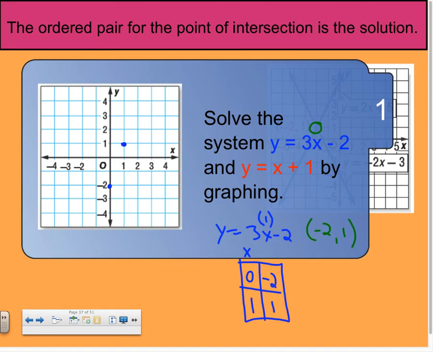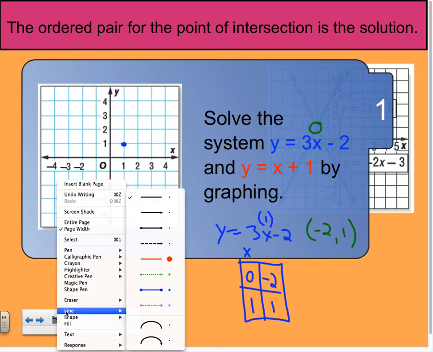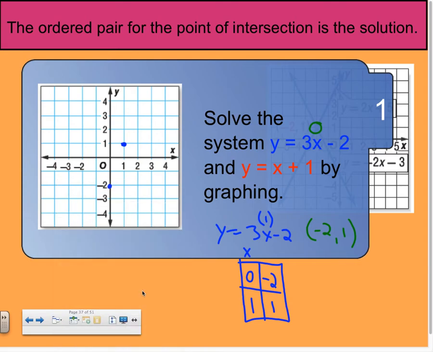Once I have those two points, I can draw a line. I'm going to use blue to keep the color coordination going. And there I have my blue line. Okay, so that's our first.